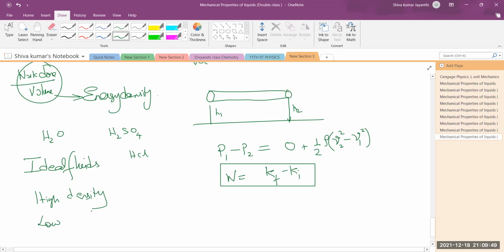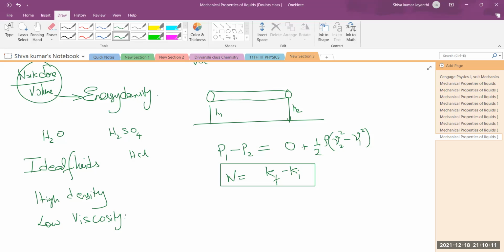Mercury has low viscosity, almost zero. Have you ever seen a mercury drop sticking onto any container or anything? No, it will never stick, because it has no viscosity at all. Mercury will always try to form drops. The reason is low viscosity and high surface tension.